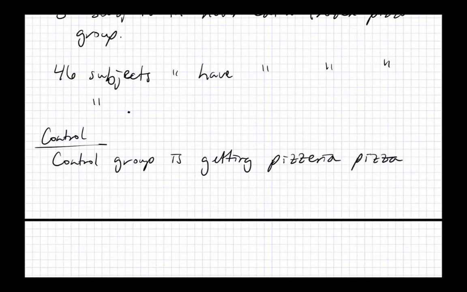Yeah, the kind where you don't have to make it. You order it, they give it to you. Me and Ed's, Round Table, Pizza Hut, Domino's, whatever those places you buy pizza from, where they don't expect you to make it. So that's the control group.